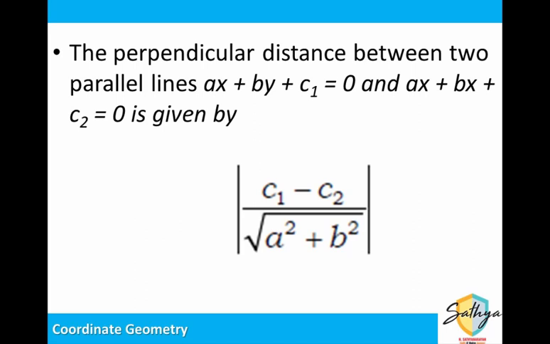So if ax plus by plus c1 is equal to 0 and ax plus by plus c2 is equal to 0 are the two parallel lines, then the perpendicular distance between them is given by the modulus of c1 minus c2 upon under root of a square plus b square. The difference of their intercept values divided by root of a square plus b square. The positive value is the perpendicular distance between the two parallel lines.